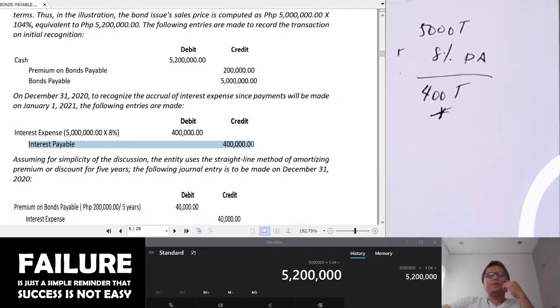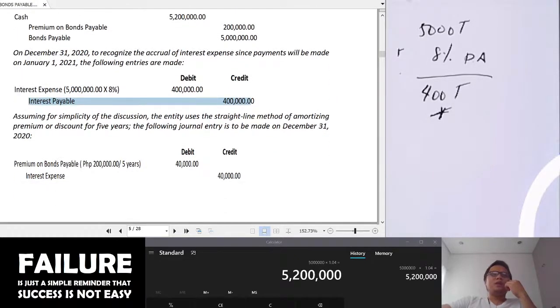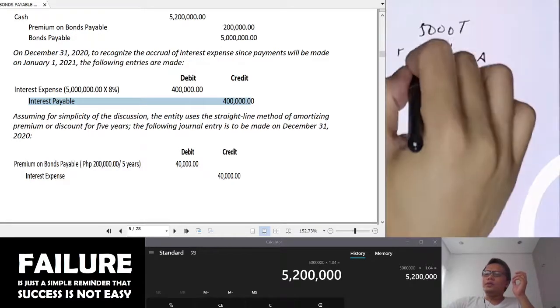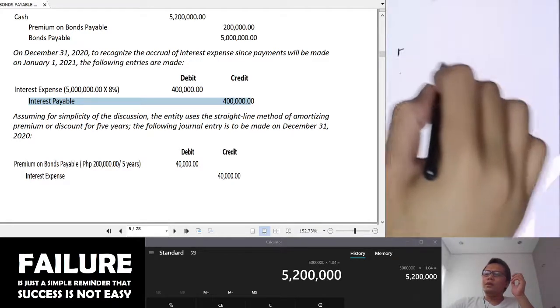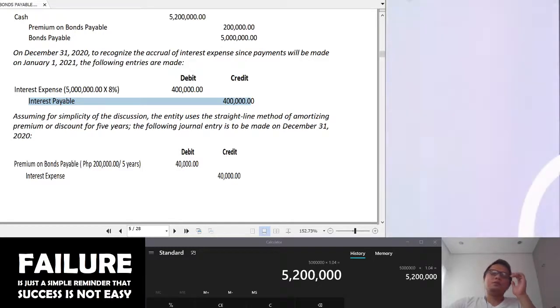Okay? Now, another entry that we are to recognize on December 31 to be congruent with the recognition of the expense is the recognition of the amortization of the premium. Okay? Now, in this illustration, because simple illustration pa lang ito, the straight line method was used daw per data sa exercise natin.